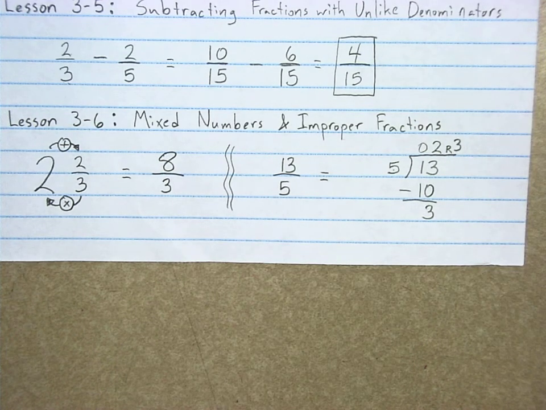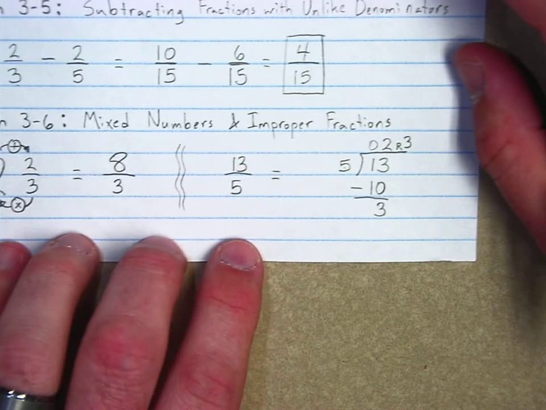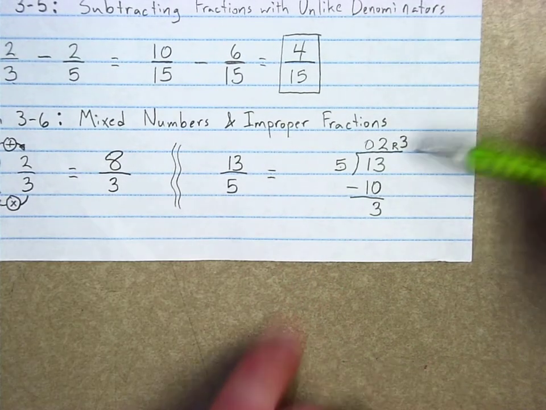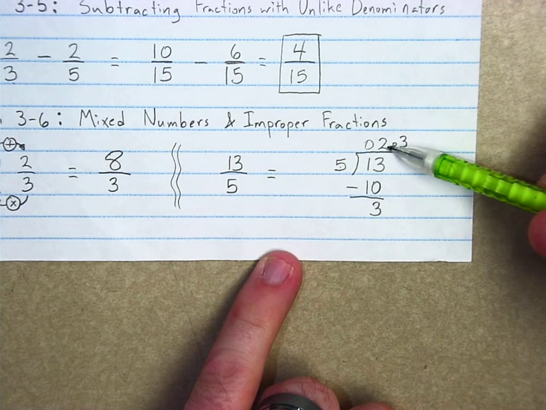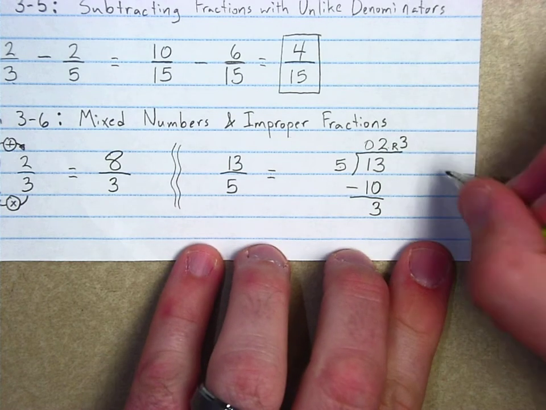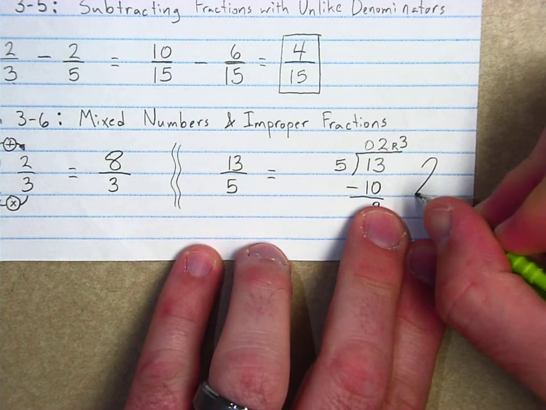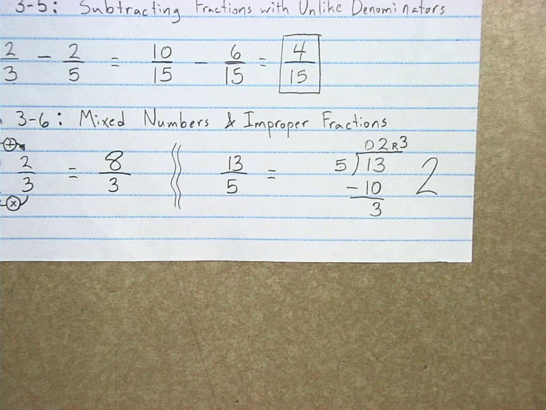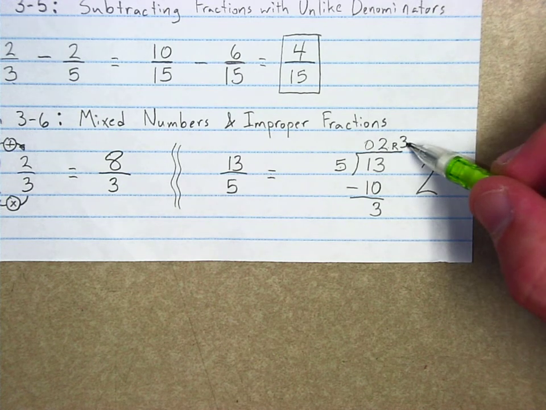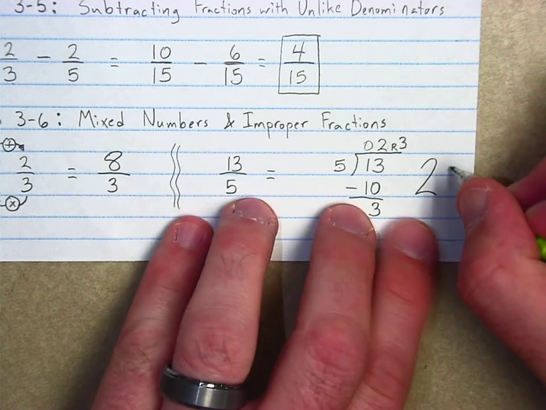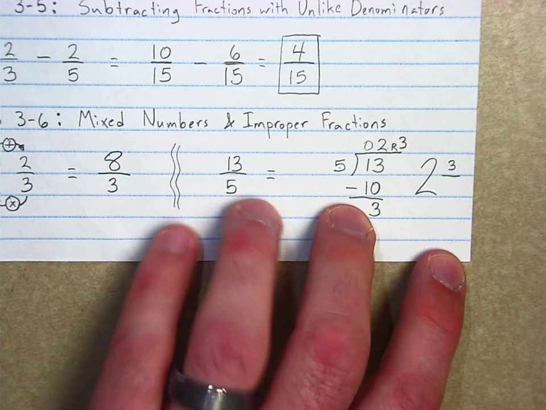I didn't leave myself a whole lot of space, so I'm going to have to kind of squeeze it into the margin here. Our quotient at the top, that is our whole number, because that is the number of sets that we were able to make. The remainder is what's left. We have 3 little pieces that were not quite enough to make a set.